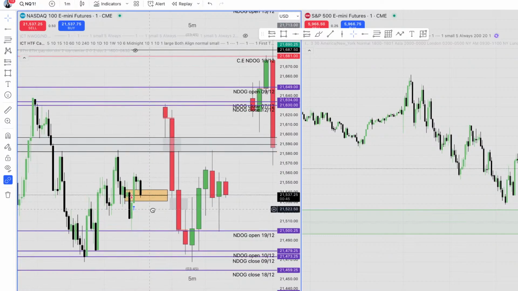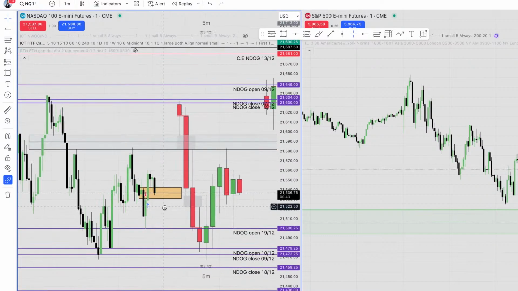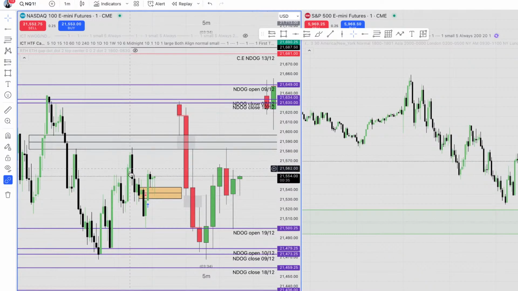I'm still shorting this. Here it's respecting this order block, but I need this to become an inversion at least.